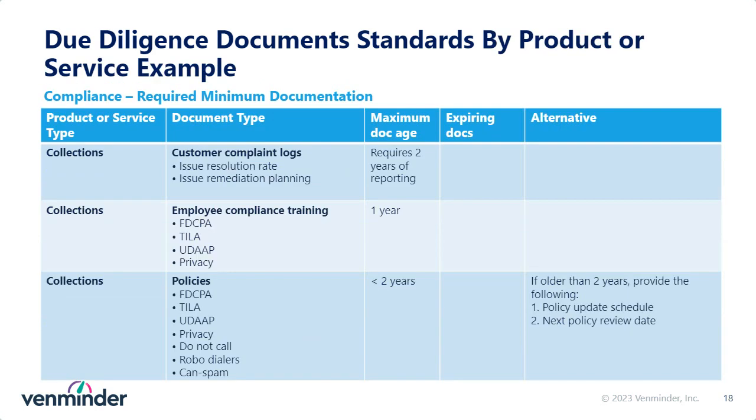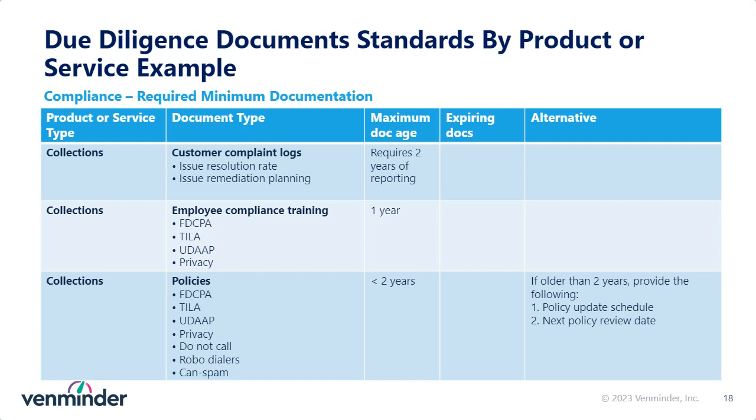This next example shows the standards for a specific product or service, in this case, a collections vendor. These documents would be reviewed in addition to the previous compliance documents because the collections industry is highly regulated. You would need to make sure that a vendor like this is compliant with laws and regulations associated with their specific industry.